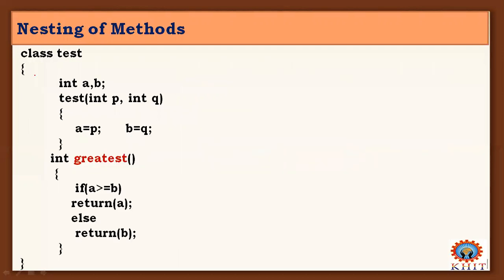Example. Here I have a class called Test, with two instance variables A and B, and one constructor with two parameters.